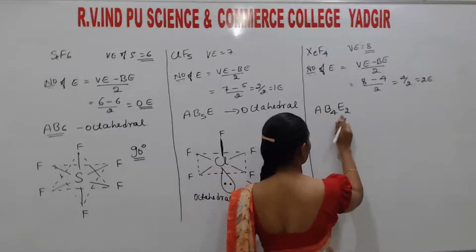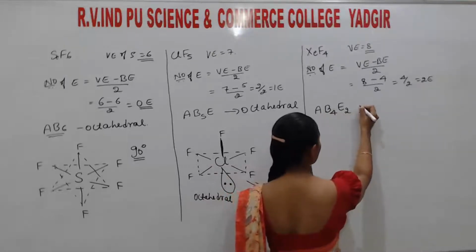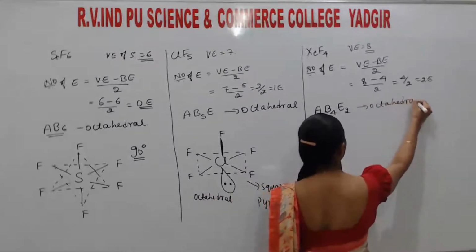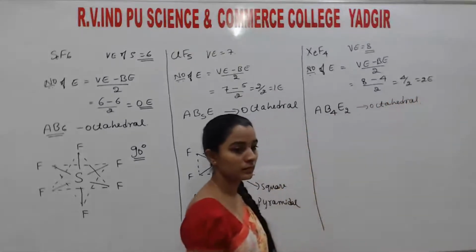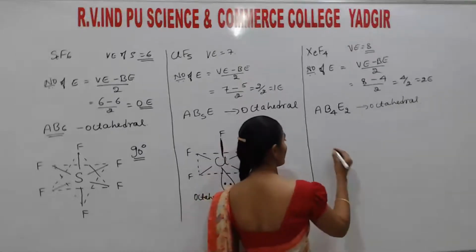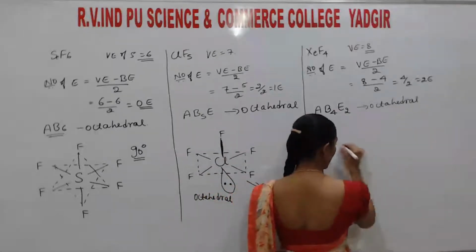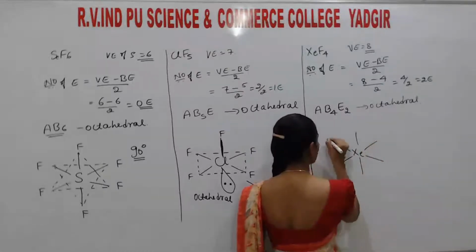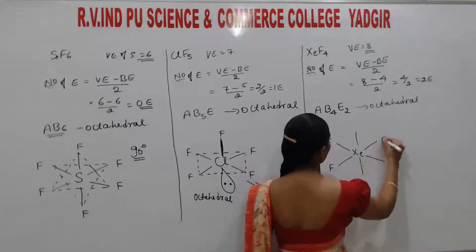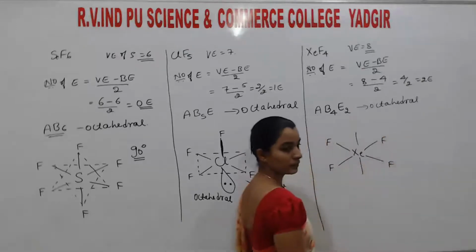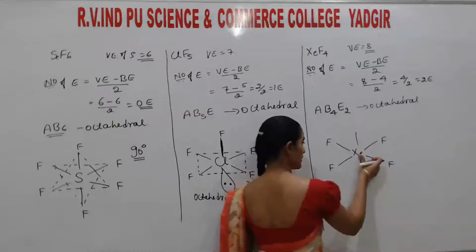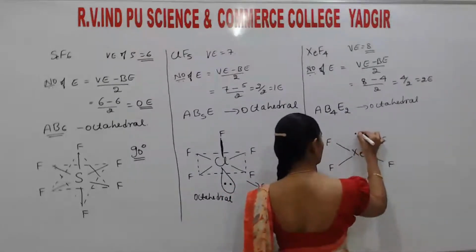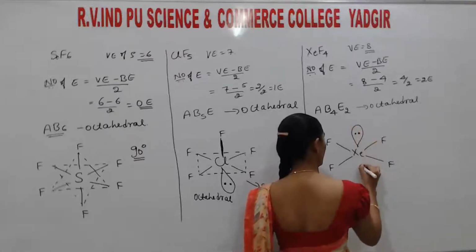Now here AB4E2, 4 plus 2 means 6. This is also octahedral. So if you write xenon here with the 4 bonds, so 6 positions here, this is fluorine, fluorine, fluorine, fluorine. Next here, one lone pair.